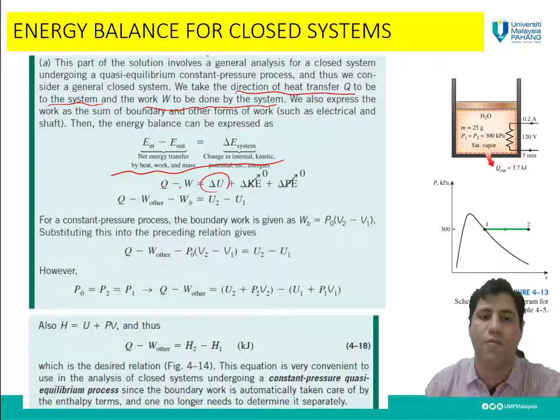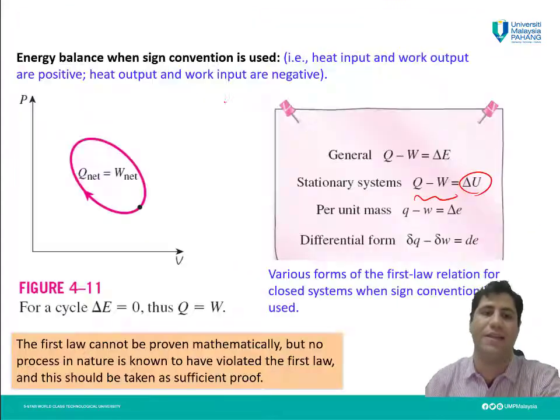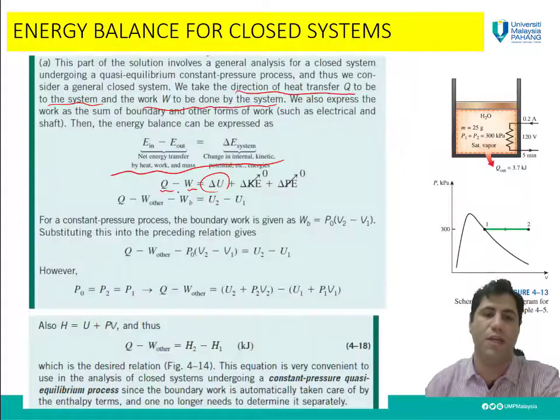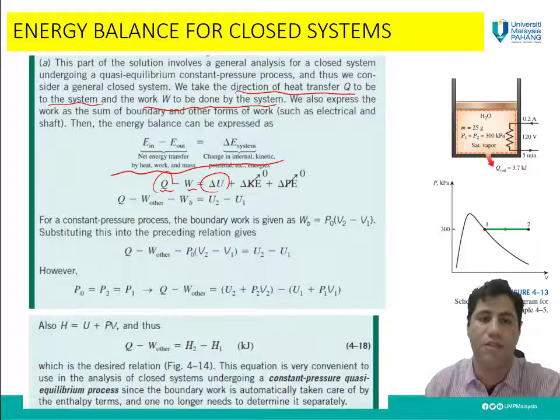So Q minus W: positive sign for Q, negative sign for W, and both of them are initially assumed to be positive, according to what we had here. Heat input and work output are positive.